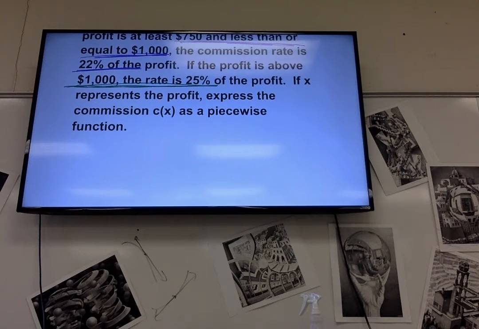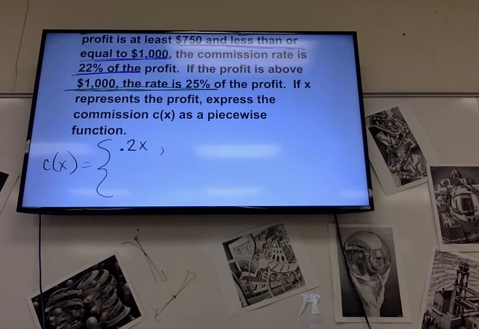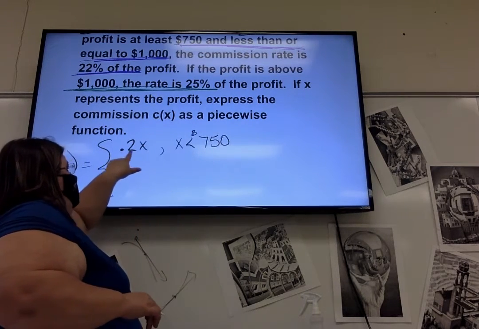So C of X equals 0.20 or 0.2 times whatever the profit is, if X is less than $750. That's how we write it. If X is smaller than 750, you take 0.2 times that.